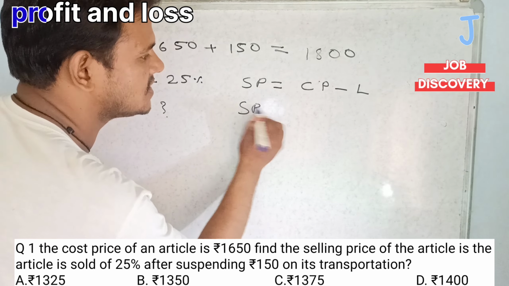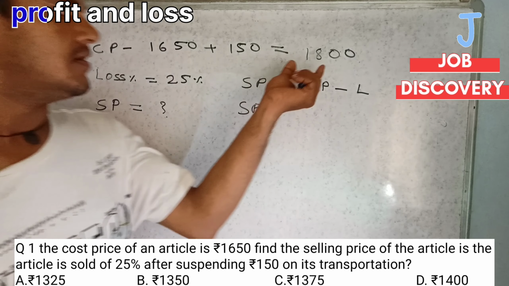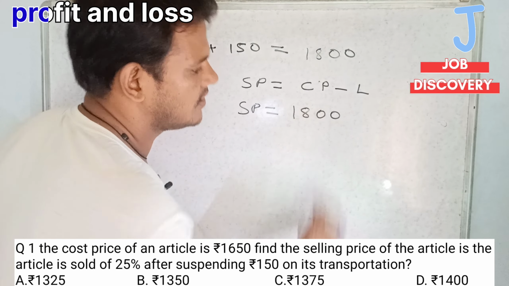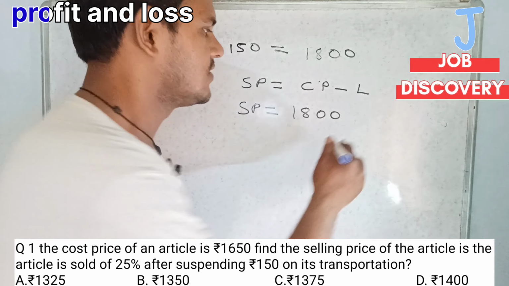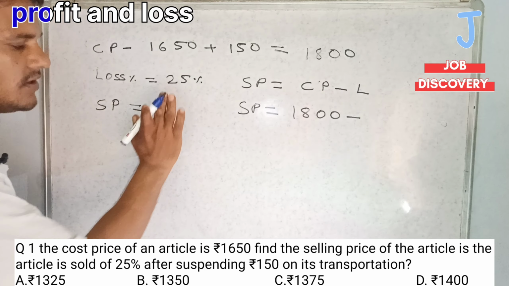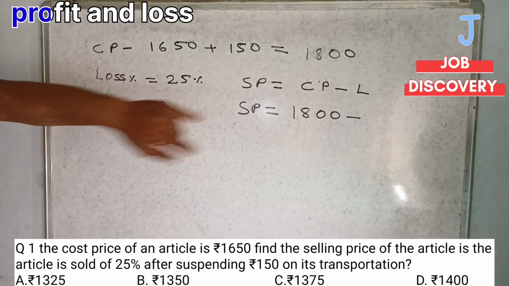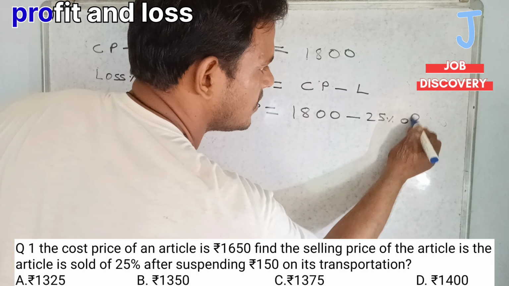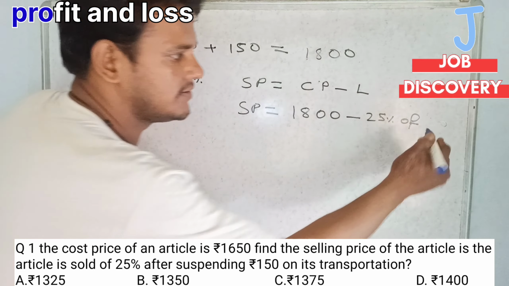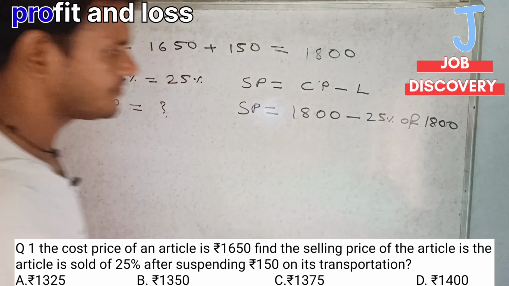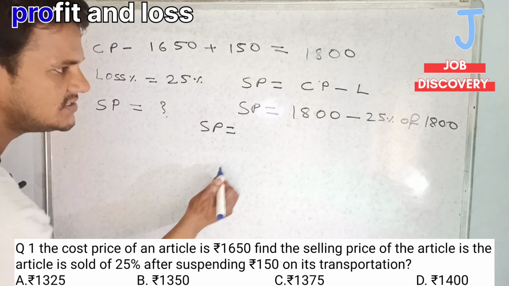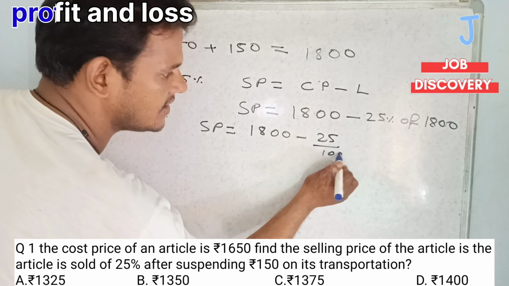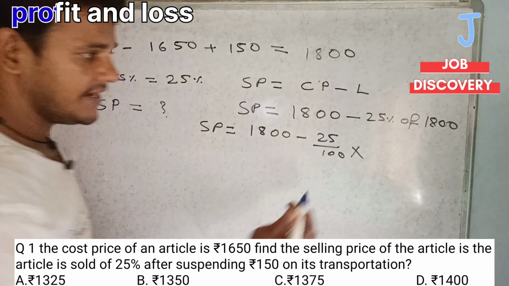So selling price is equal to, what is the cost price? Our cost price is 1800 minus loss. So loss is 25% of the cost price, right? So here it will be 25% of 1800, right? So selling price is equal to 1800 minus 25 by 100 into 1800.